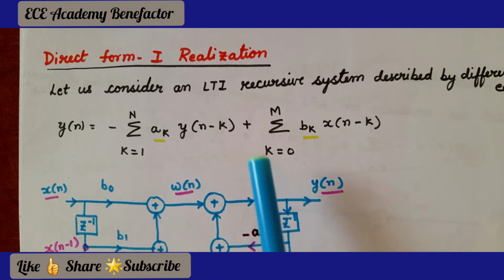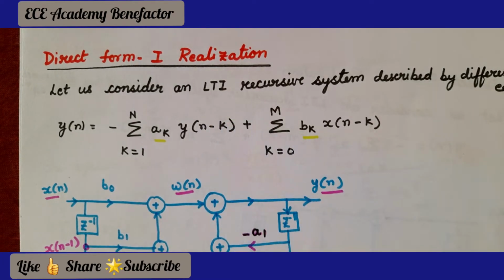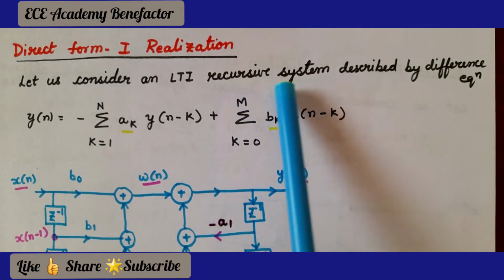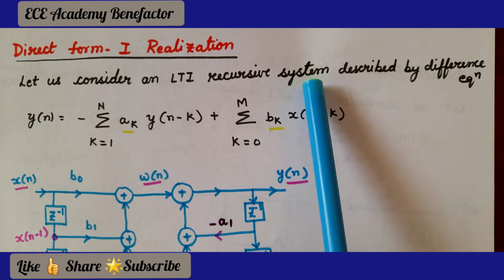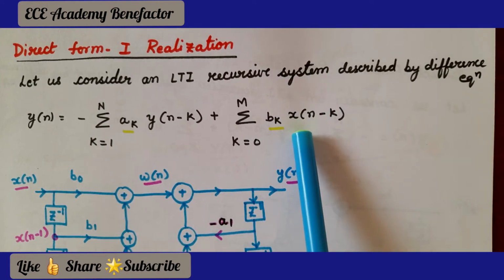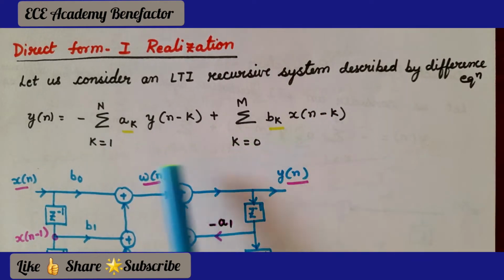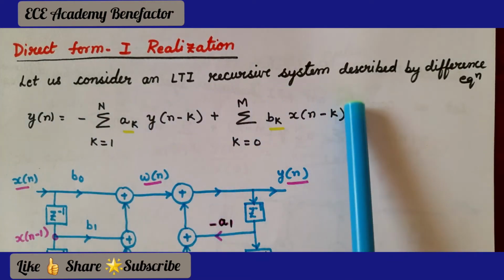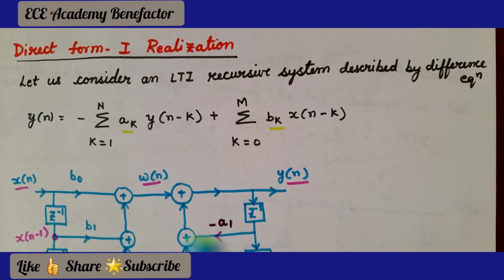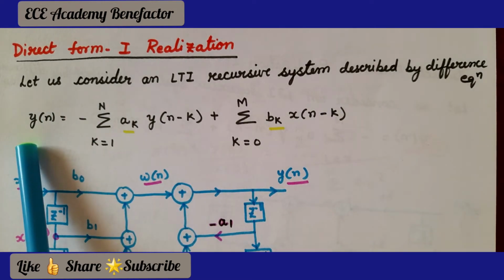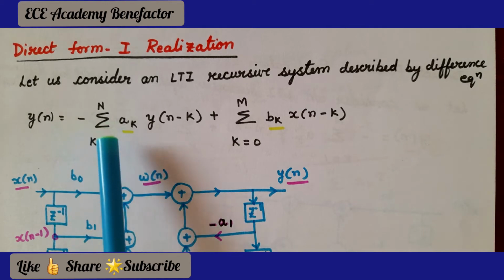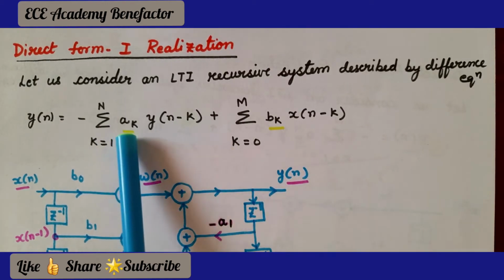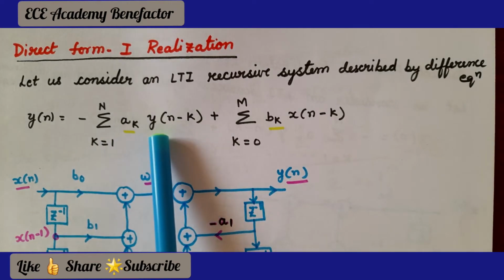So, let us consider an LTI recursive system which is described by a difference equation. So, we have taken a general LTI recursive system. The system is represented by a difference equation which is written as y of n is equal to minus summation ak y of n minus k. So, ak is the coefficient of past outputs.